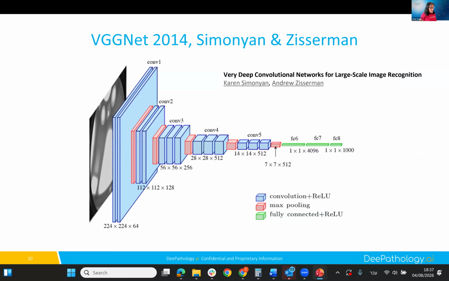Okay. So after AlexNet was presented in 2012, there was a race towards better and better architectures to solve the classification problems. So VGG net was introduced in 2014. And what you see here is more layers in the deep neural network.